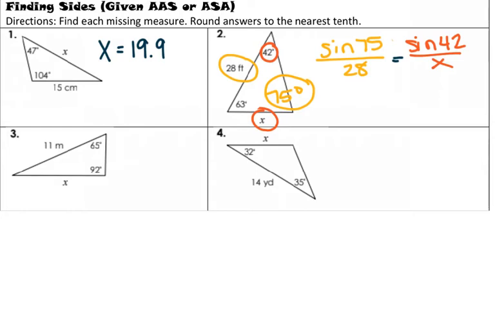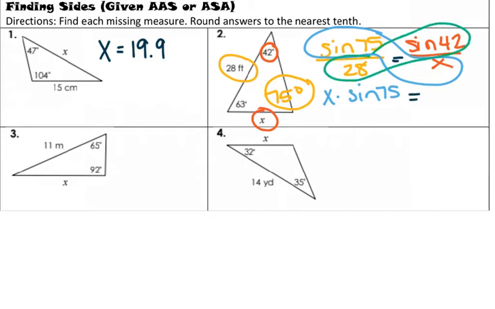Now I'm going to cross multiply. These two are multiplied together, which becomes x times the sine of 75, equals these two multiplied together, 28 times the sine of 42. The whole point is to get x by itself, so I'm going to divide both sides by the sine of 75.